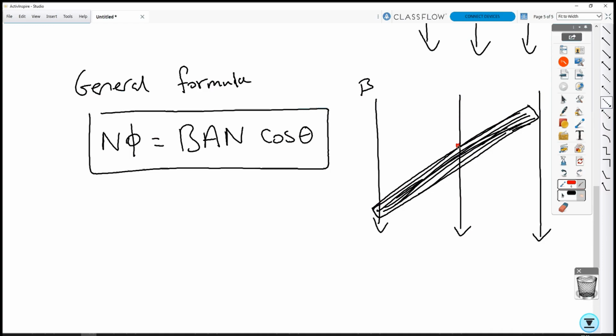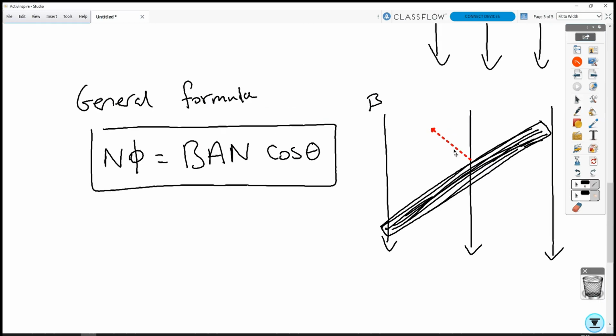And again, we're going to draw it as being at right angles to the plane of the area of the coil. And the indicator forms some angle, θ, between itself and the field line.